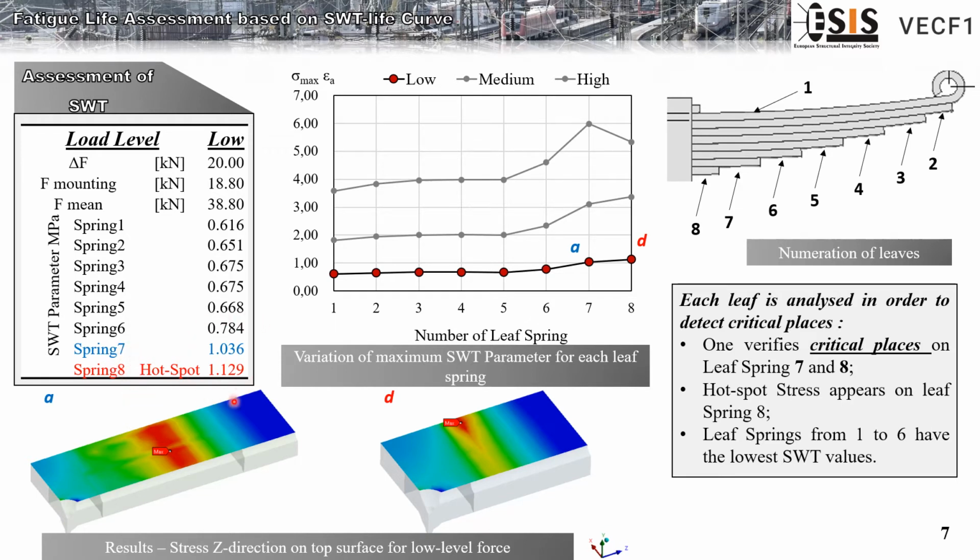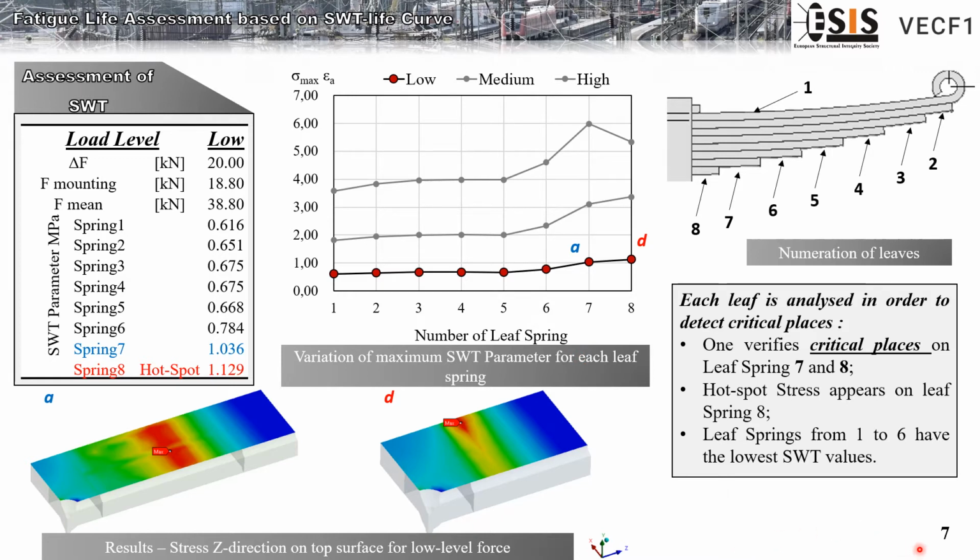The difference is not so high, but we can see from these pictures, A for spring 7 and D for spring 8, that there is a hotspot stress on the surface of spring 8. This picture shows the distribution of SWT for each leaf spring.